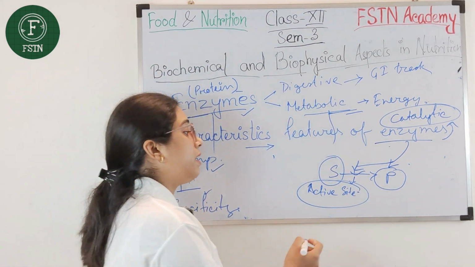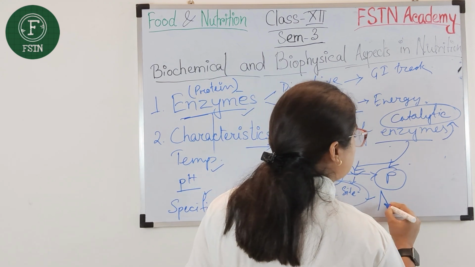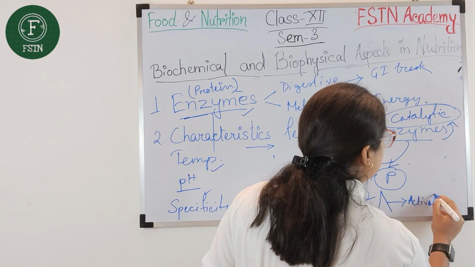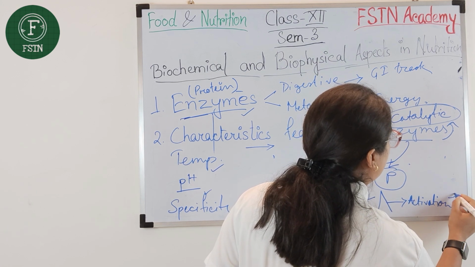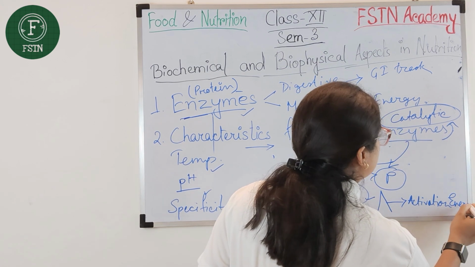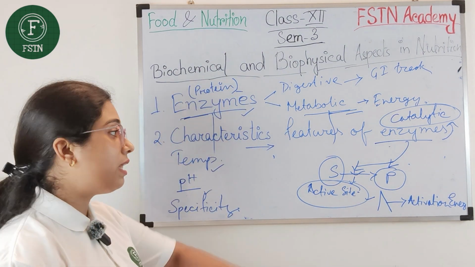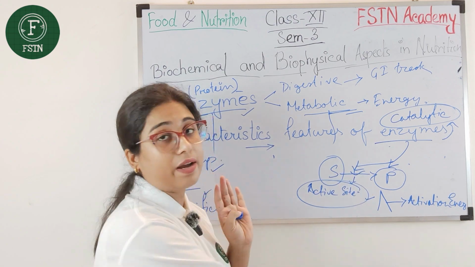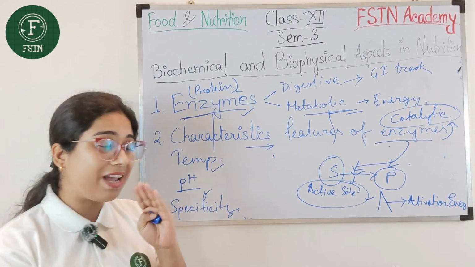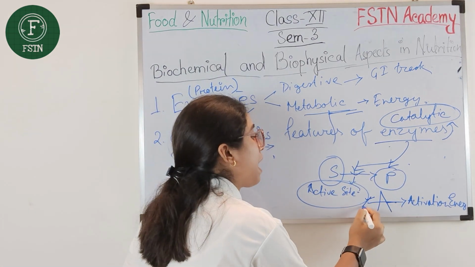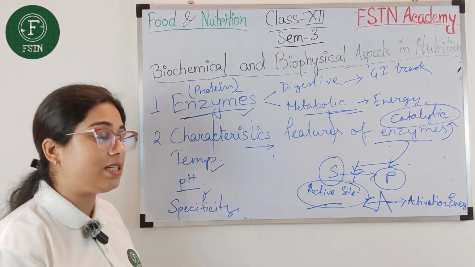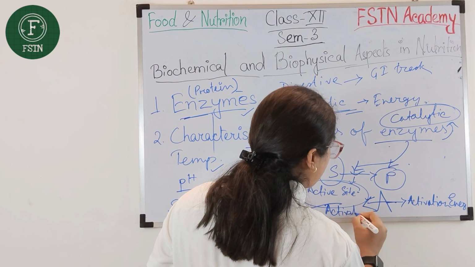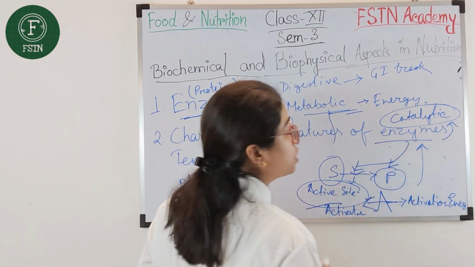Where the active site is found, there the activation energy will be raised. When the activation energy occurs, the enzyme will work properly in those particular reactions. So activation energy will be activated in the active site, and it will activate the enzyme's function.